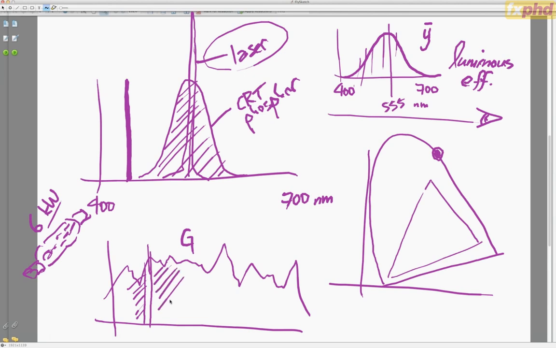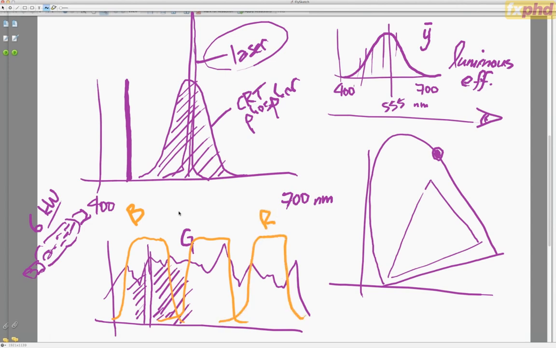Economically, that would involve throwing away all of that light. And so to make a really bright projector, you're forced to use a fair bit of that power, split off into the blue channel, a fair bit of that power in green, and a fair bit of that power in red.